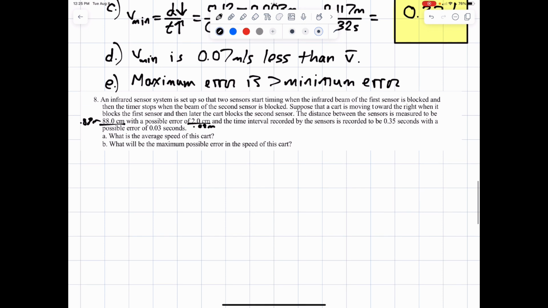Okay, and the time interval recorded by the sensors is 0.35 seconds with a possible error of 0.03 seconds. So part A, what is the average speed of the cart? Okay, well, pretty straightforward. Distance over time.